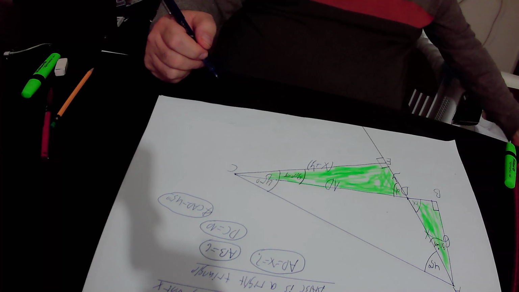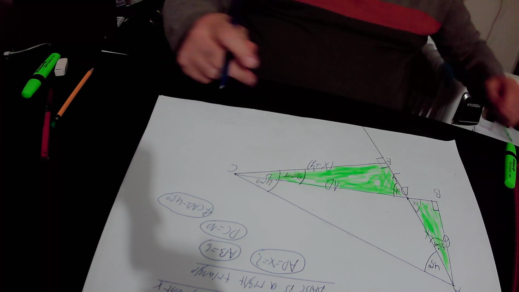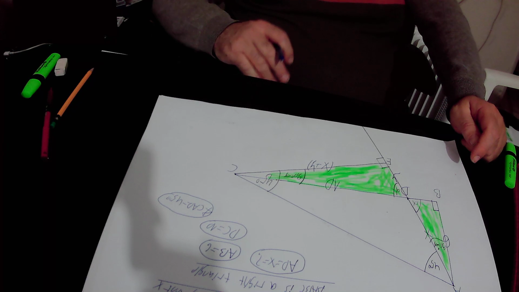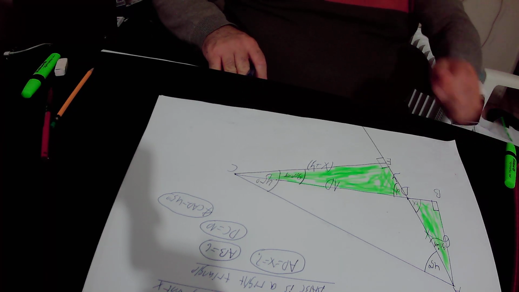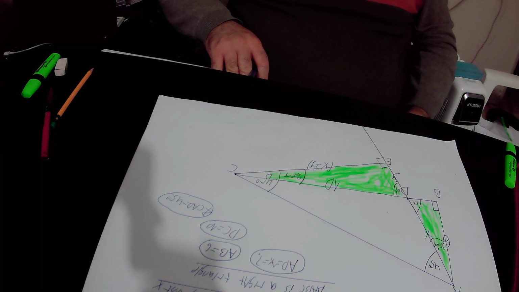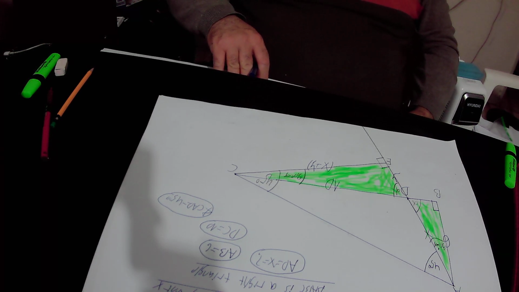And from the fact that those two right green triangles are similar to each other, we'll conclude that the following relationship exists between their sides.